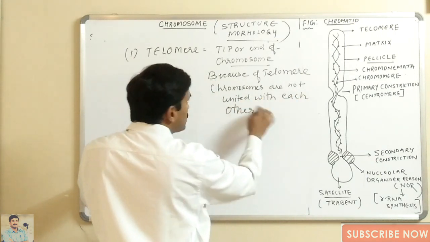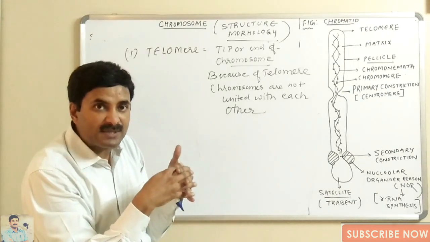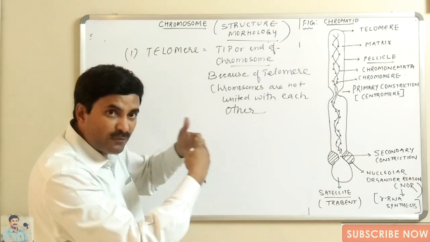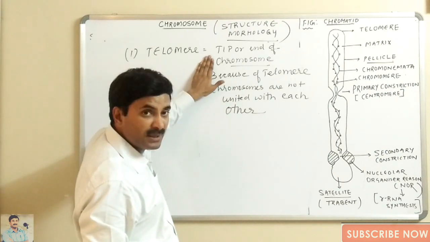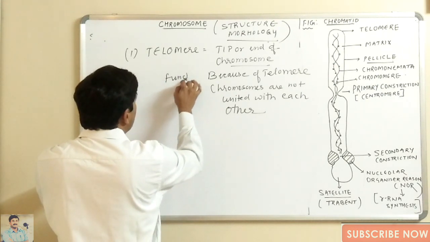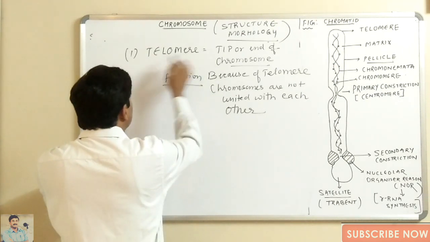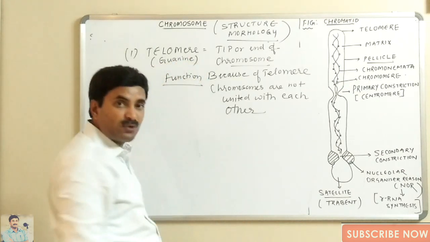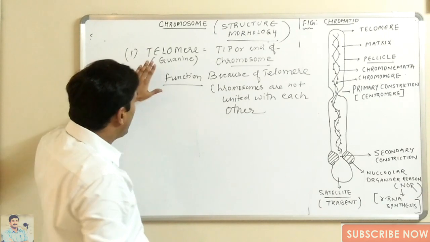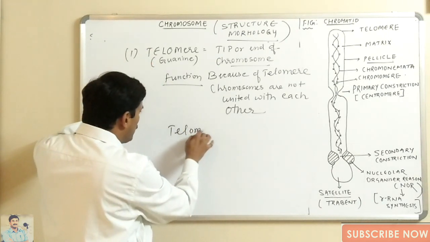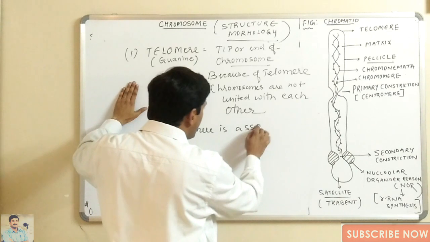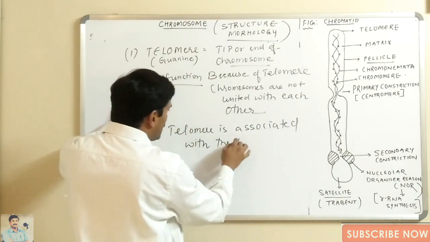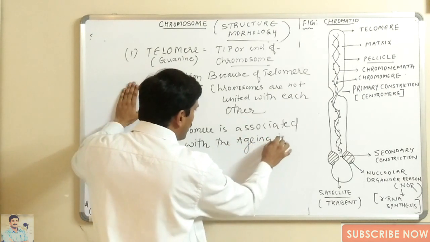There are many chromosomes in an organism, so the two chromosomes are not united with one another. They are not stuck with one another because of the presence of the telomere. So this is the chief function of the telomere. And you must know that this telomere contains a nitrogen base known as guanine. And this telomere, very important, is associated with aging in organisms.